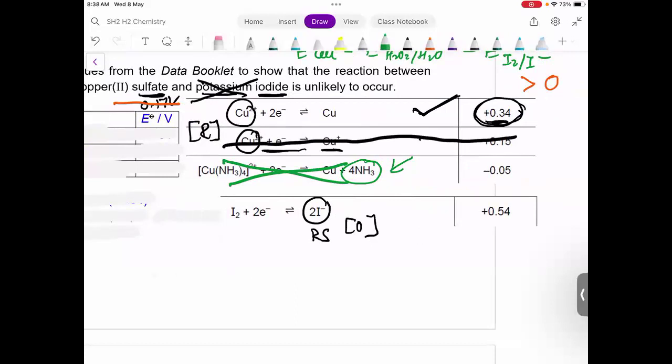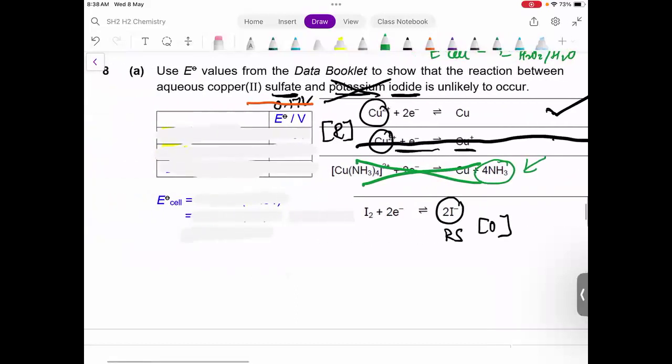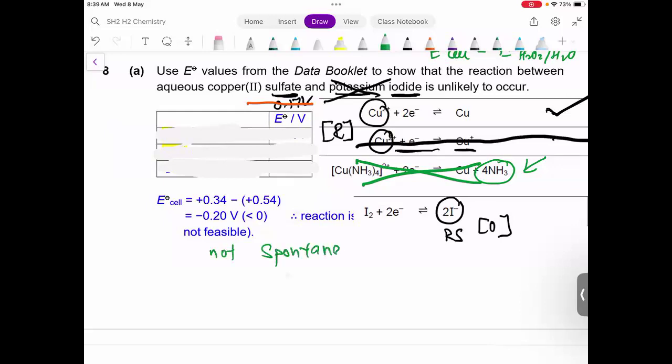It's also because ammonia is not there. So do recognize that. With this, you are able to calculate the E0 cell, and it's proven to be less than 0. So thermodynamically it is not feasible, or not spontaneous. We use the term not spontaneous to represent thermodynamically not feasible.